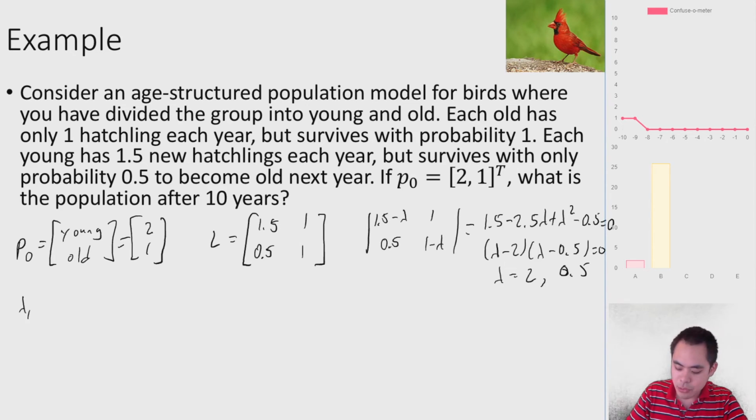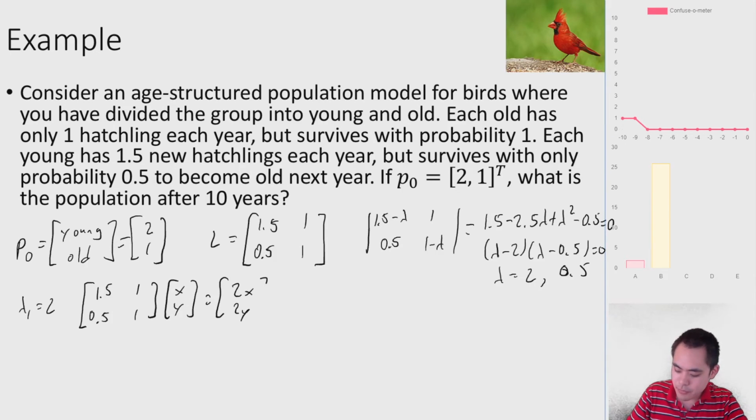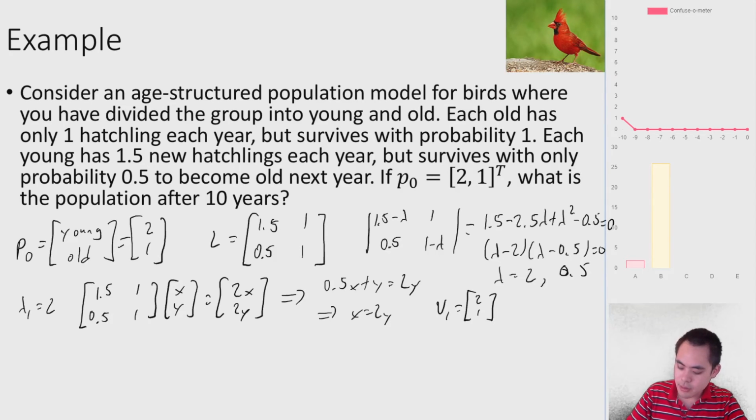So you end up with lambda 1 is equal to 2, and you end up with the matrix 1.5, 1, 0.5, 1 times x, y is equal to 2x, 2y. When you solve this, you end up with a single equation, 0.5x plus y is equal to 2y. And when you solve this, you'll find that x is equal to 2y, and v1 is going to be equal to 2, 1.